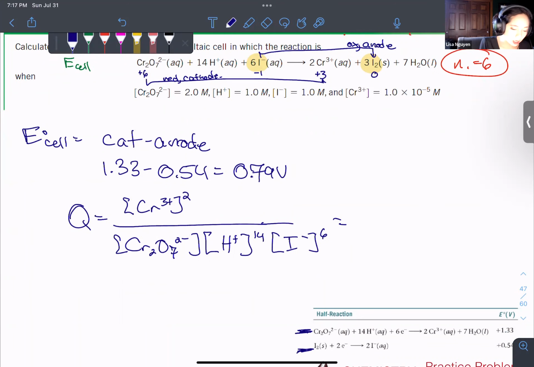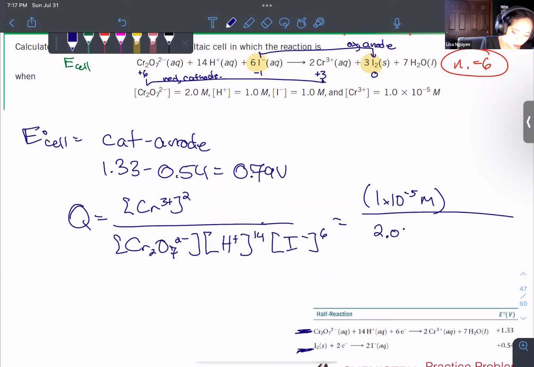So chromium 3 plus is 1 times 10 to the negative 5 molarity. That's our numerator. And then our denominator, dichromate is 2.0 molarity. Note, oh, that's squared, sorry. And then H plus is 1 molarity, and it's to the 14, so it's just 1.